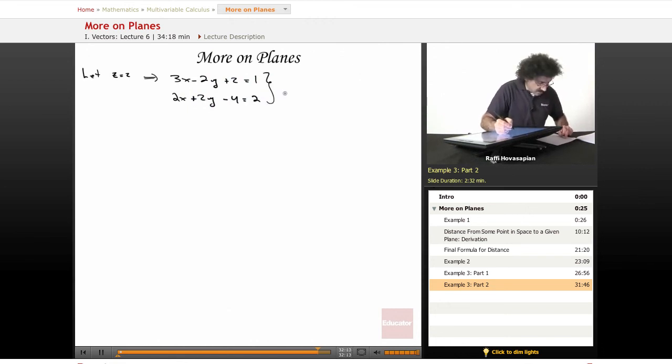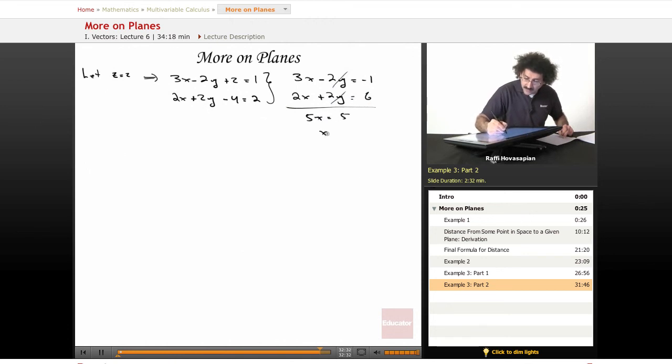So these equations become 3x minus 2y equals minus 1, and 2x plus 2y equals 6. When we add those, we get 5x equals 5, so x equals 1.